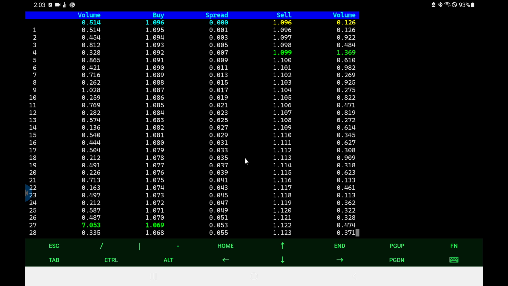Support is at 1.069. Let's talk about what that means. That means that all of the orders in the order book, right now 7% of the order book wants price to drop to this level. This is where people want to buy in the market.